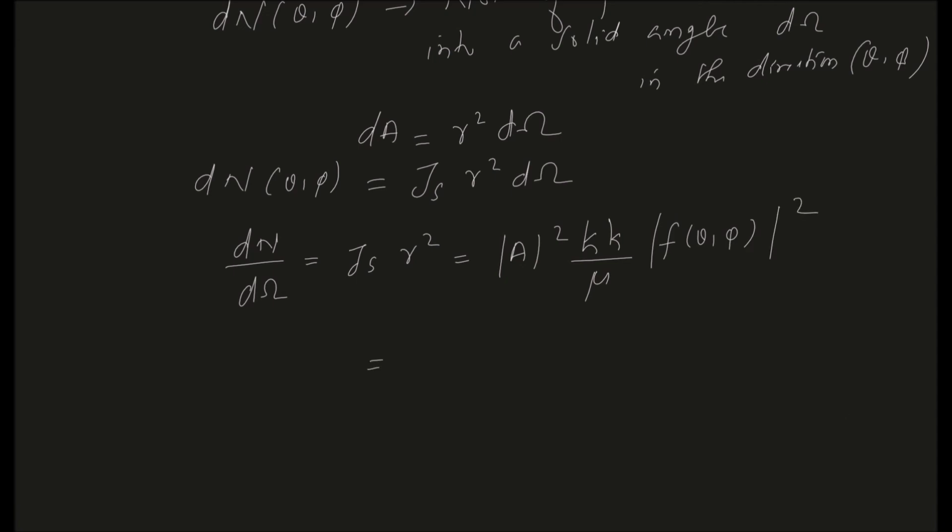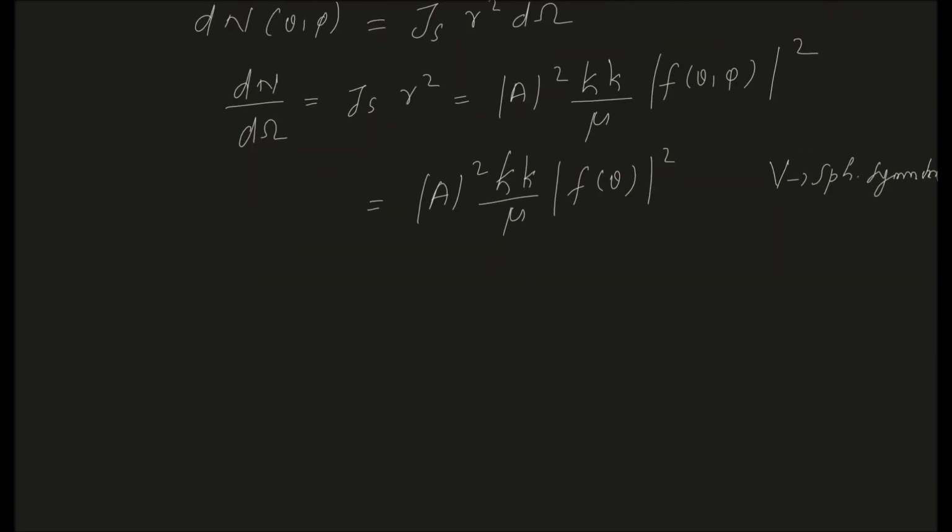If the potential is spherically symmetric, you can write it as modulus A square h cross k by mu, f of theta square, if V is spherically symmetric.